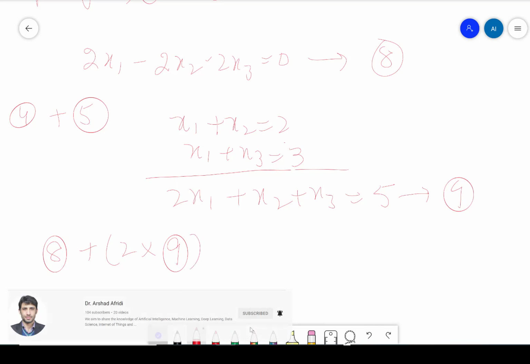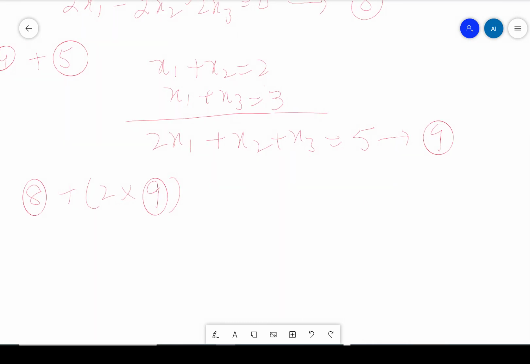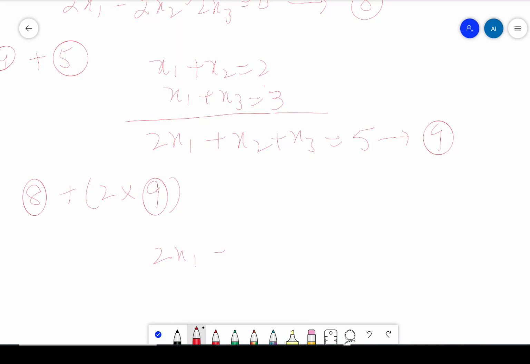Equation 8 is 2x1 minus 2x2 minus 2x3 is equal to 0, and equation number 9 multiplied by 2 makes it 4x1 plus 2x2 plus 2x3, which is equal to 10.